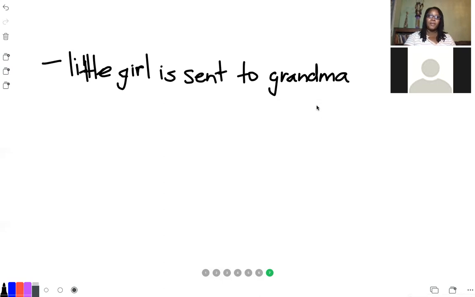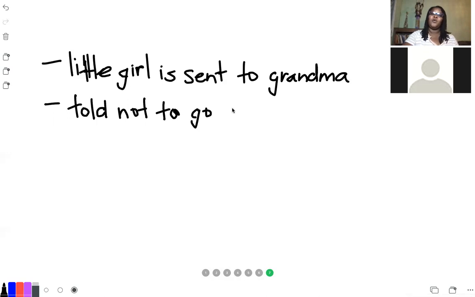The little girl is given some instructions. She's told not to go through the forest. So I want to have a little bit of a discussion.